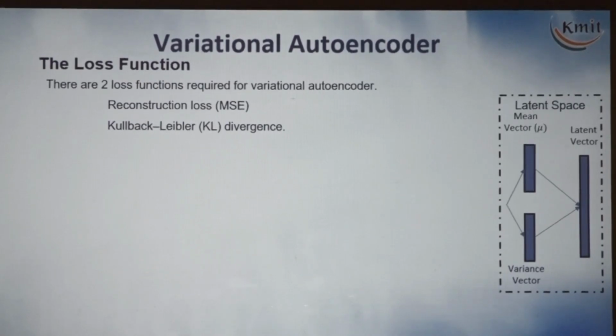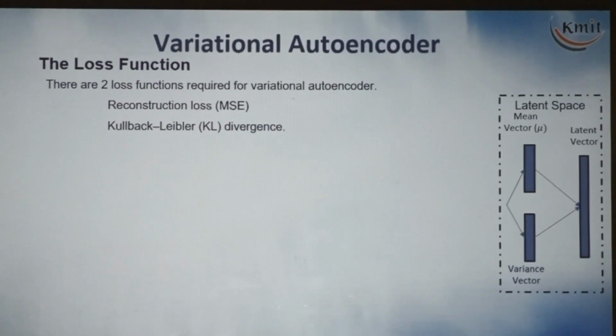See, all the loss functions are developed only to find the difference between two values or two vectors or two matrices, whatever. Two data sets, simply we can say, the difference. It may be cross entropy, binary cross entropy, categorical cross entropy.